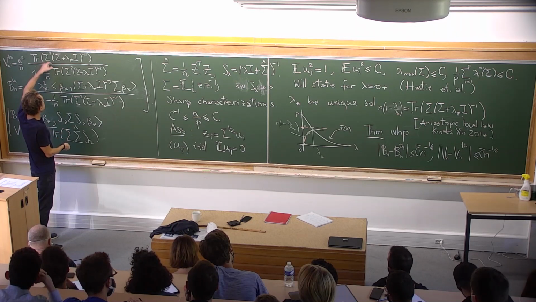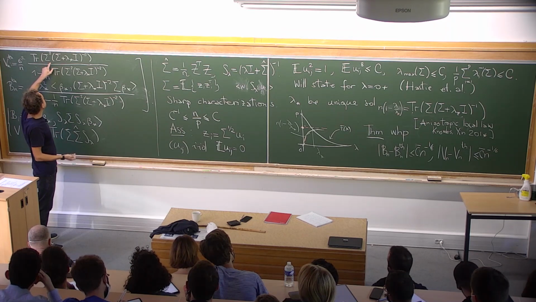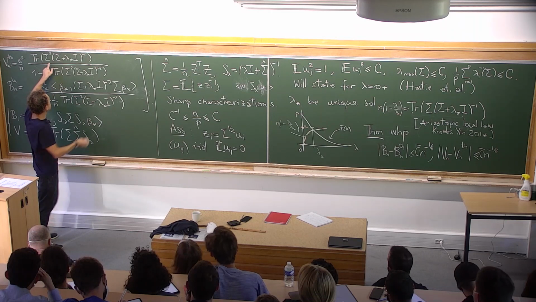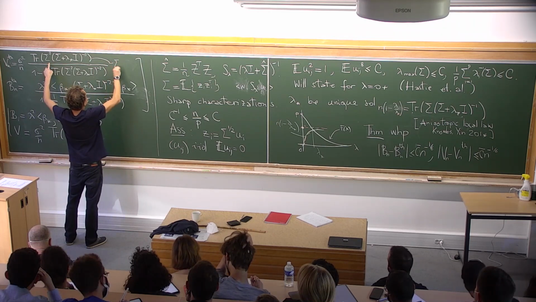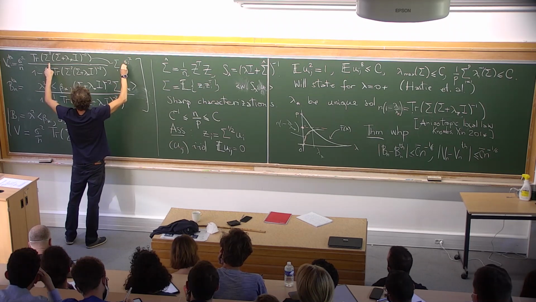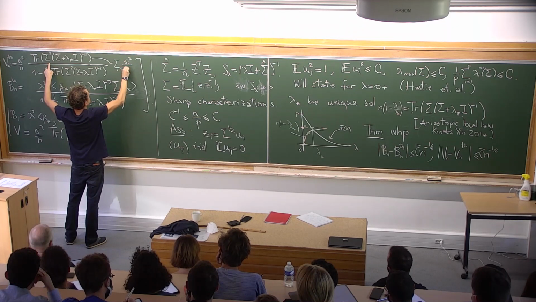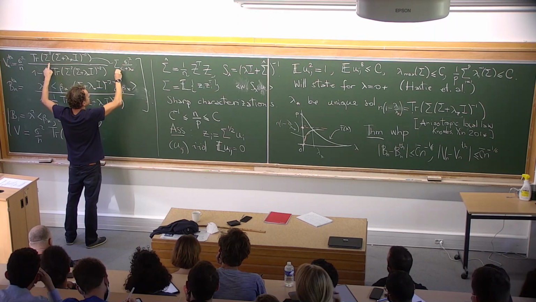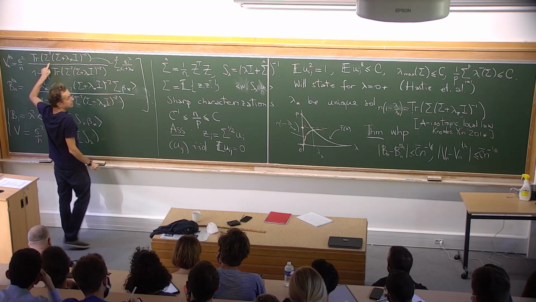And so all of these matrix elements and traces reduce to sums. And if you know the limit of the eigenvalue distribution, you can take the limit. So for instance, this thing is the sum over i of sigma_i squared over sigma_i plus lambda star. This is a sum over all the eigenvalues.